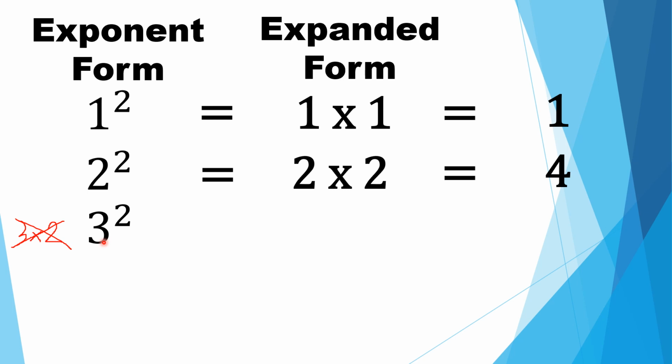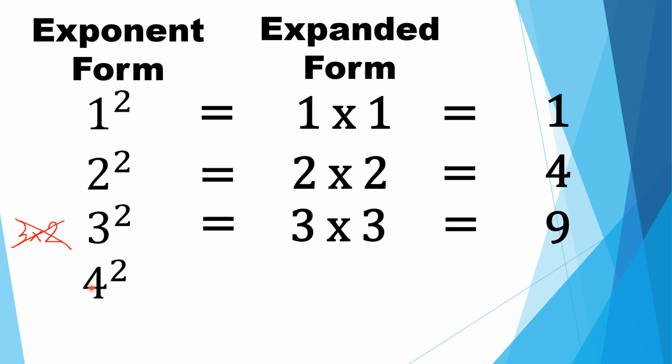In our example, 3 squared, the base is 3, the exponent is 2. So meaning, we are going to multiply 3 and itself 2 times. So this is equal to 3 times 3. 3 times 3 is equal to 9.